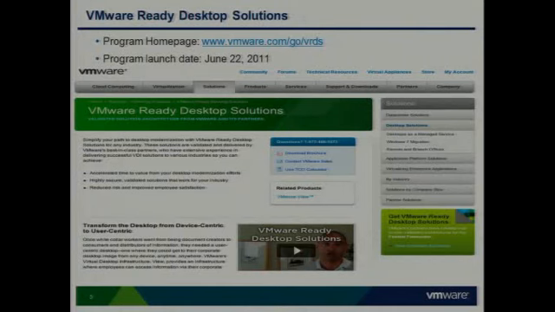I encourage you to visit the website, and you'll see there will be more and more of these solutions being published and validated. It will help you actually reduce the POC process, as well as deploy them with confidence that they have been validated.